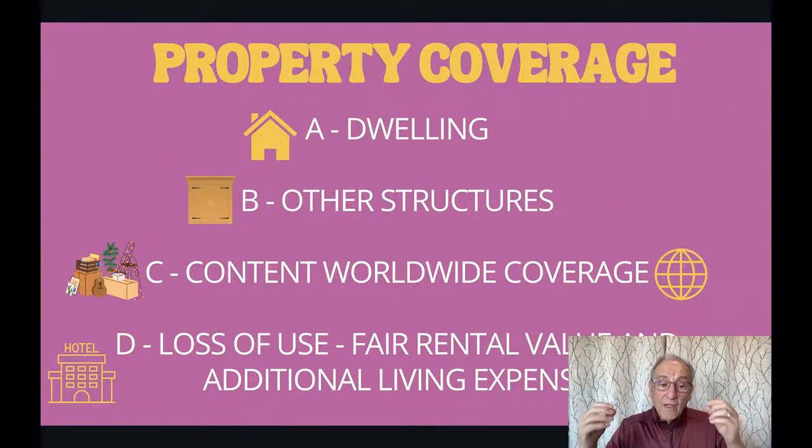If they have coverage D, which comes on all homeowners policies, they will be able to get paid to stay in a hotel. That's what additional living expenses are. It's just that on the homeowners, we put the two together. It's not D and E, it's all D. And you have to remember that subtle difference so it doesn't confuse you.